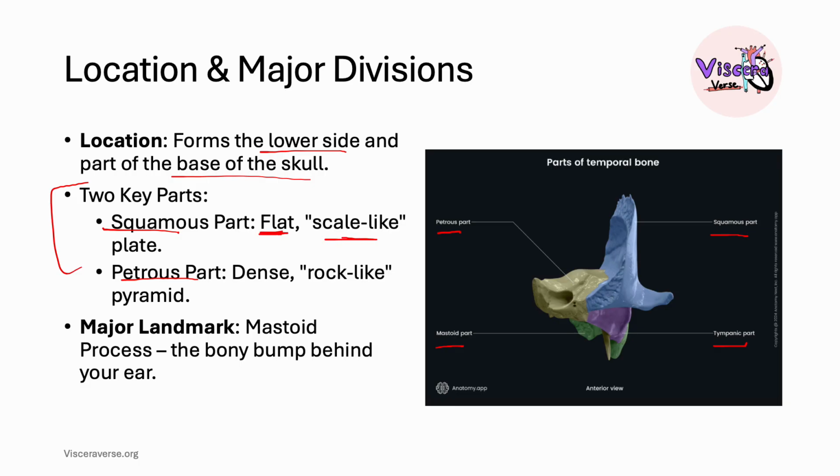It's a scale-like plate. The petrous part, however, as you can see here, is a dense, rock-like pyramid. A major important landmark to keep in mind is the mastoid process that we're going to see in a minute. This is a bony bump that you can feel behind your ear.